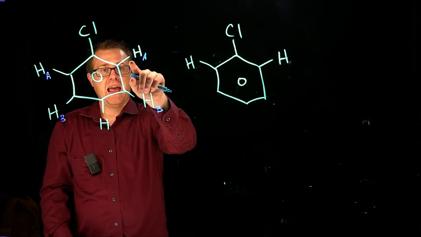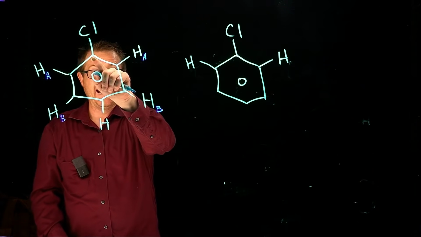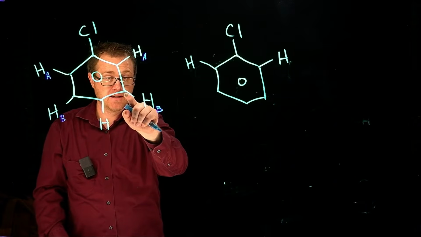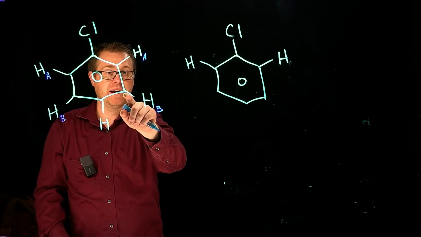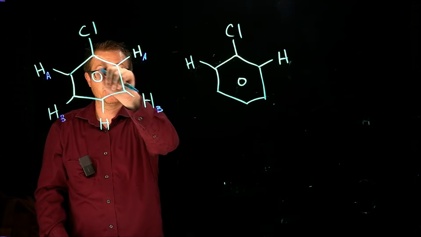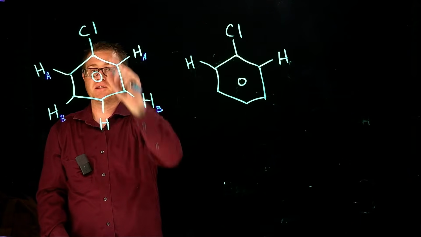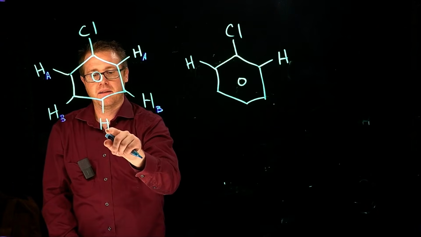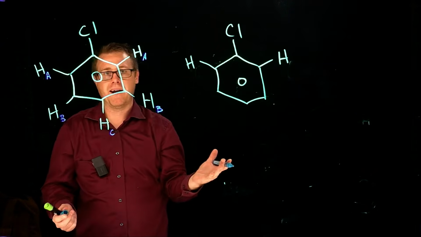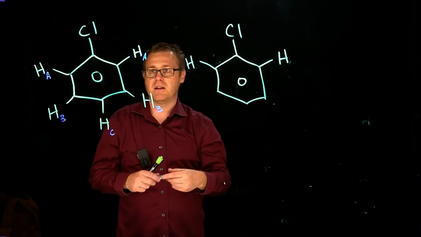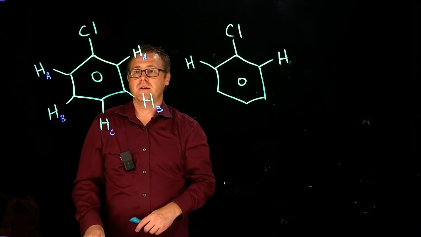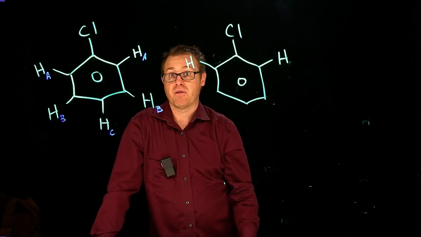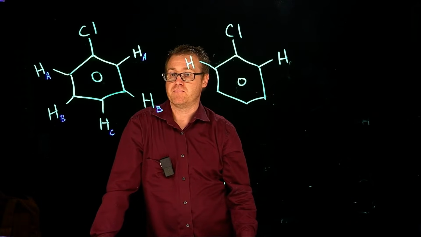HA is bound to a carbon that's right next to a carbon with a chlorine on it, whereas this hydrogen right here is 1, 2 spaces away from the chlorine. Different chemical environment. And then this proton right here is just all by itself, so we would just call it HC. So in this chlorobenzene right here, we would have 3 signals.